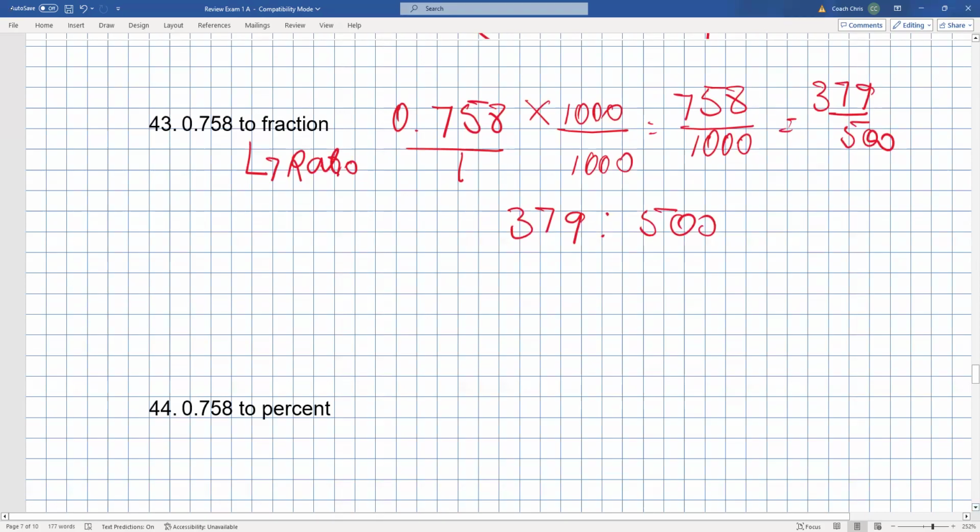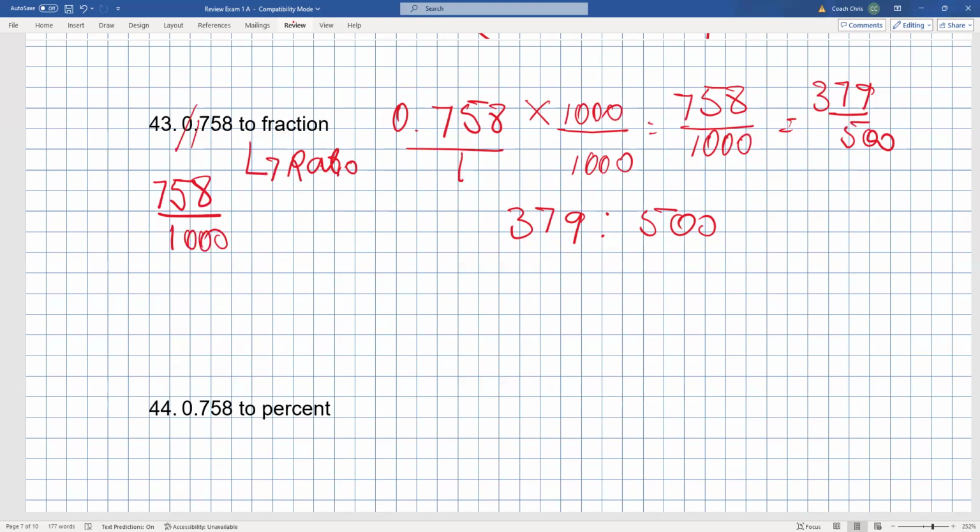The other way you do that is just jump to a conclusion. Get rid of the whole number, get rid of the decimal point. Just go ahead and write the number without the decimal point. Since I got 3 places, go ahead and divide that by 1,000. That's the quick way to do that.